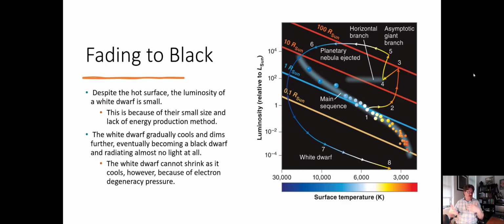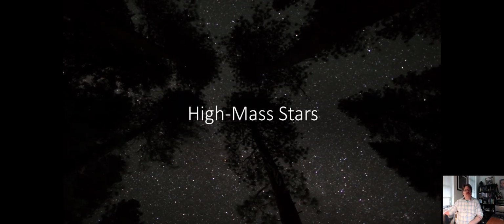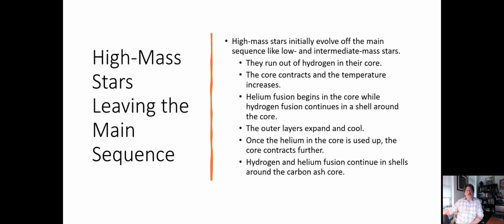It will get so cold that it has almost no luminosity whatsoever. Because thermodynamics is a thing, the white dwarf is going to slowly approach the temperature of its environment. Now we get to high mass stars.